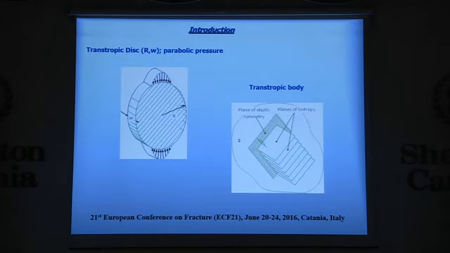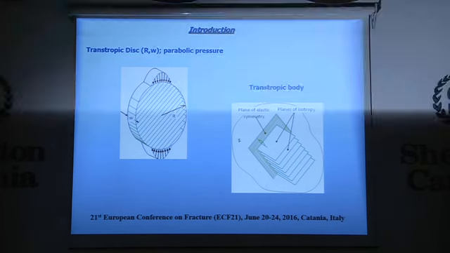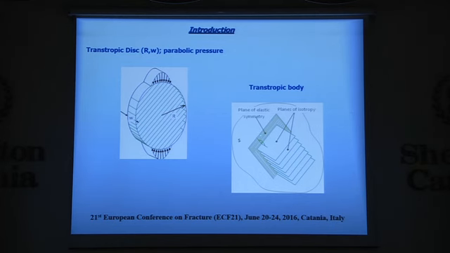Starting from the material, I would like to remind you that here we can see a transversely isotropic body. We are going to use the term transtropic for brevity. Such a body, when it's homogeneous, possesses at each point parallel planes of isotropy.